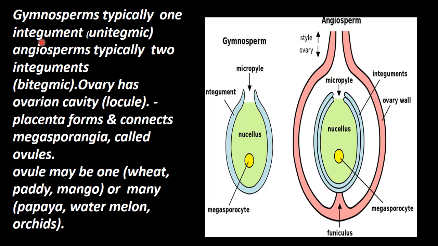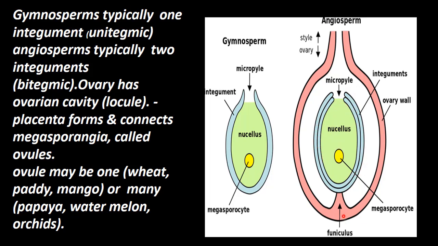Typically one integument, or unitegmic, is present in the ovule. So this is the ovary structure. This is the ovary wall. Inside the ovary there is a cavity. Okay. In this cavity a structure develops, that is called ovule.